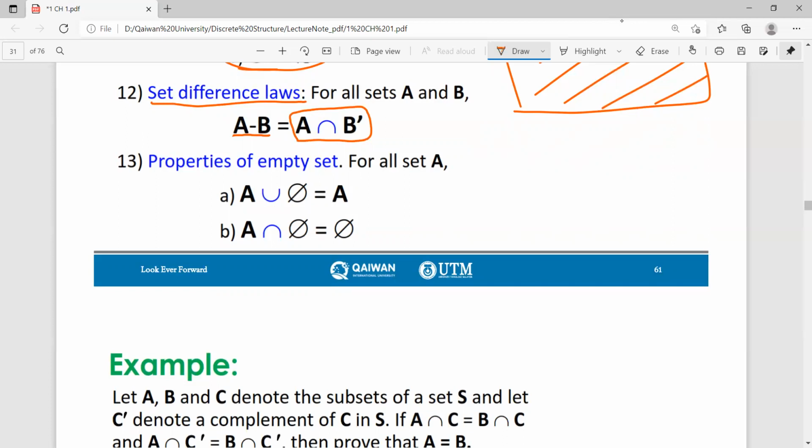So A union empty set is A itself. And the intersection of any set with an empty set is the empty set itself.